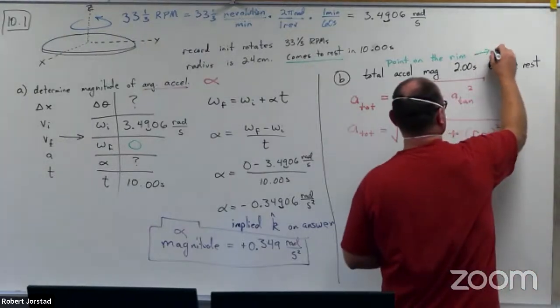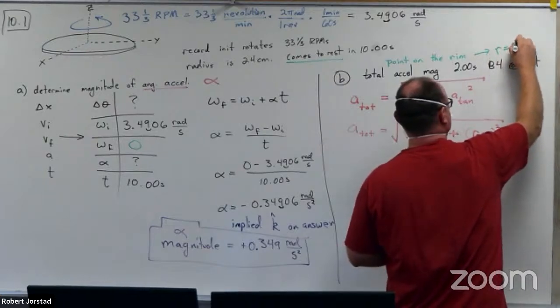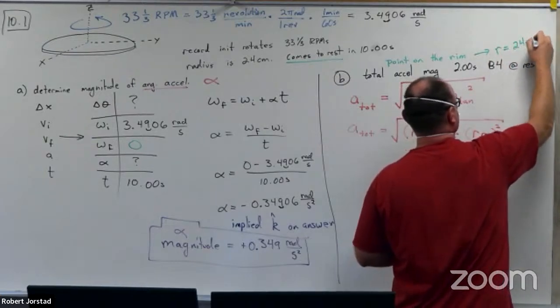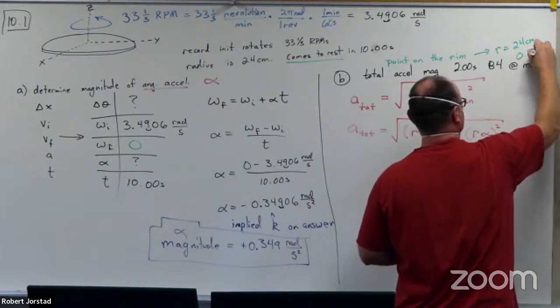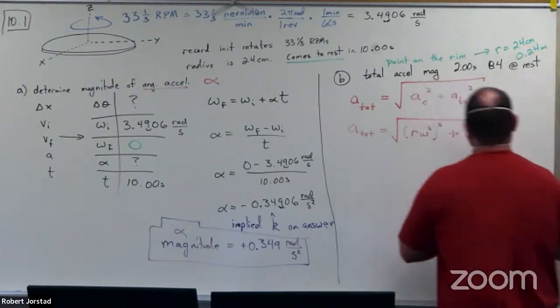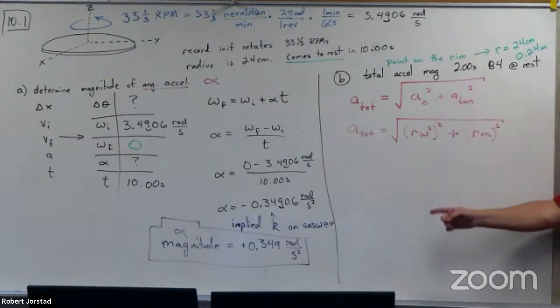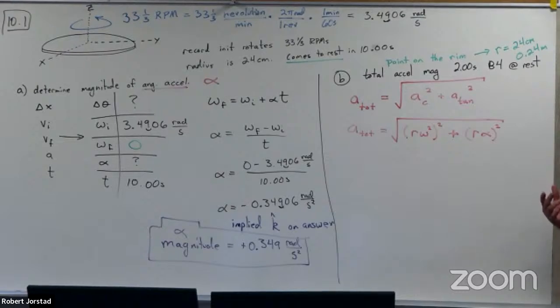That's what tells us R equals 24 centimeters or 0.24 meters. That's right. If we don't know where we're located, we don't know what number to plug in for R. Okay. All right. What time should I use? 8 seconds, not 2, because it's 2 seconds before it comes to rest.